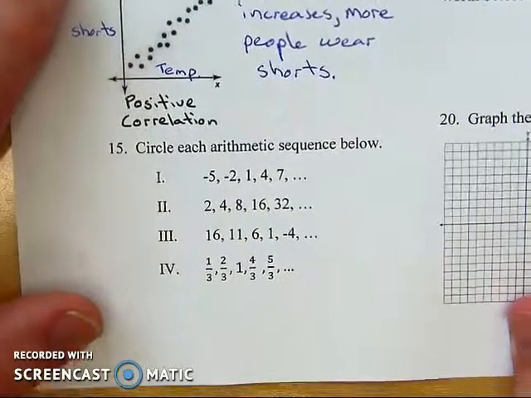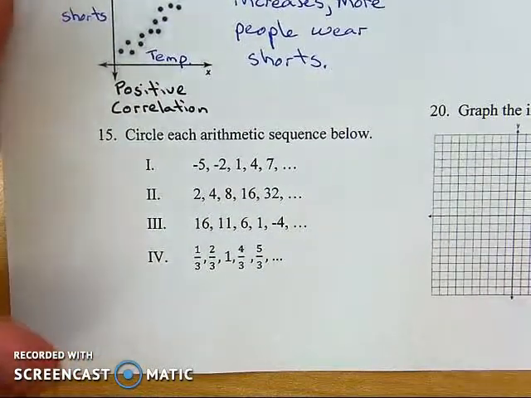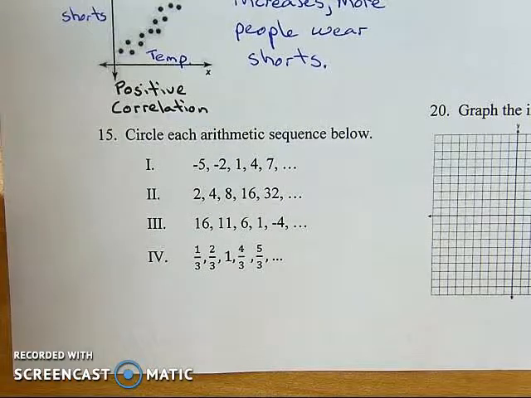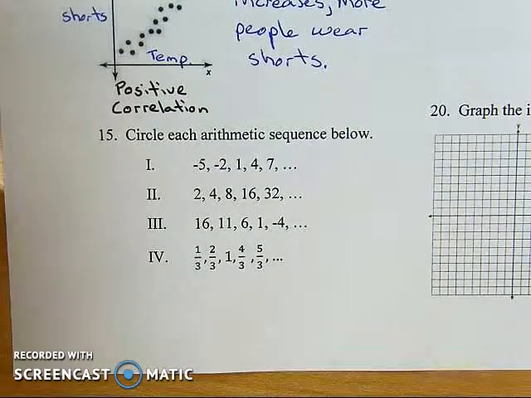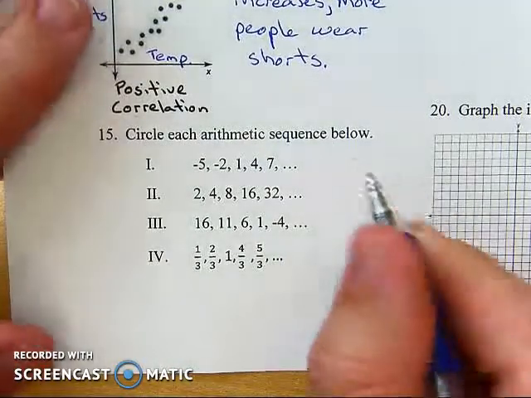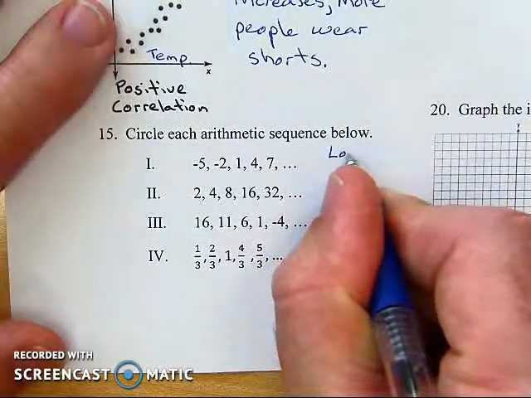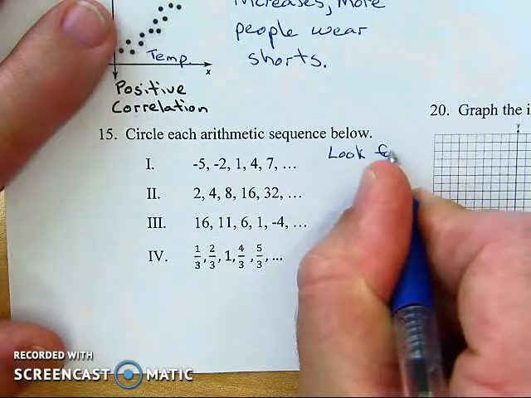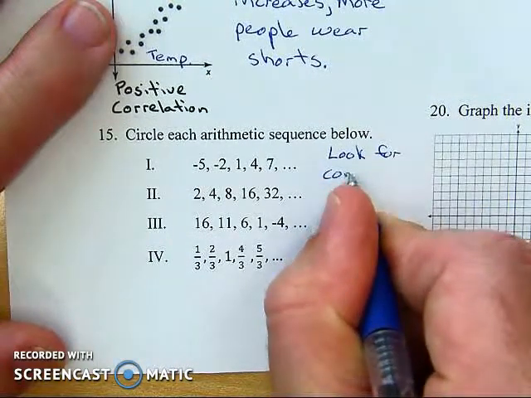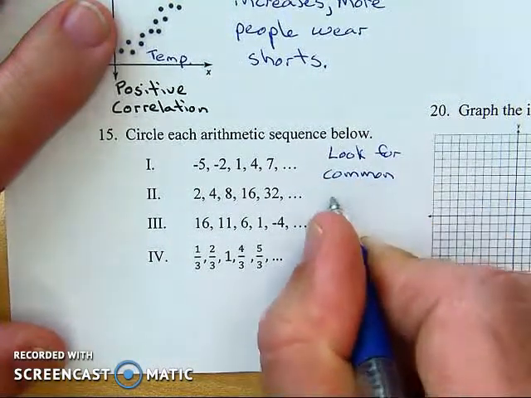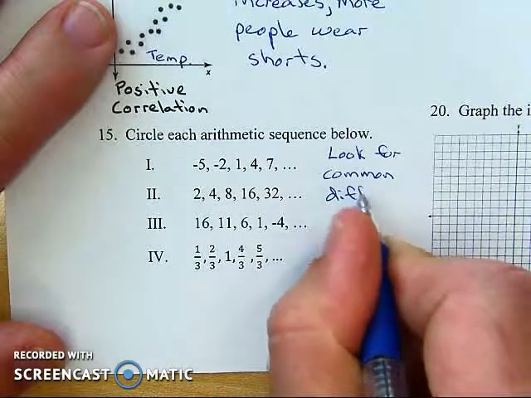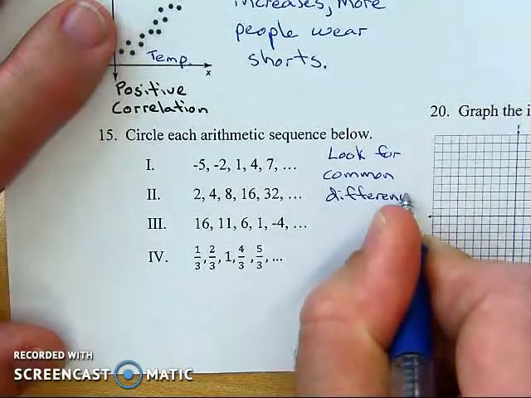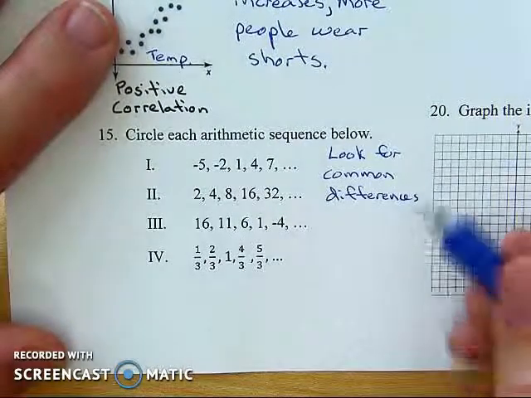Last one in this recording, circle each arithmetic sequence below. So you have to remember that an arithmetic sequence has a common difference. So look for common differences. What does that mean?